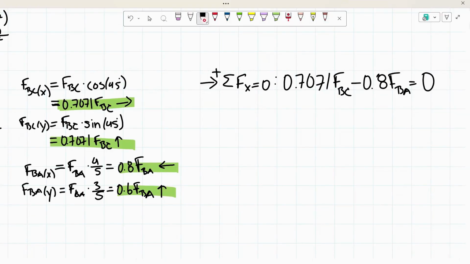Now we're going to do our vertical components. So we're going to assume that going upwards is positive. So the sum of all the forces in the y direction have to also equal 0. So we have our 0.7071 FBC going upwards, so that's positive.